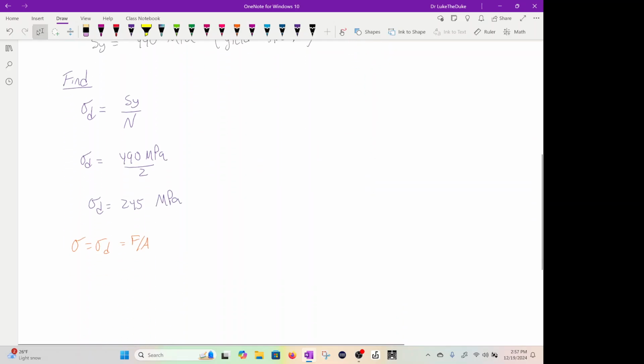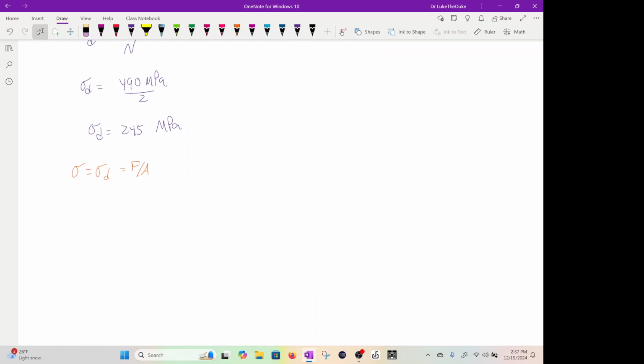So sigma is just F over A. And what we need to do is find the area for your maximum case and your minimum case, and then the bigger of those two we'll select. So let's go ahead and do this. So we got the max and the min. And so if we rearrange this equation, we have A equals what? F over sigma D.